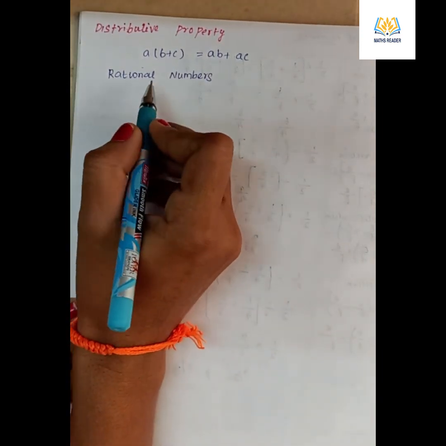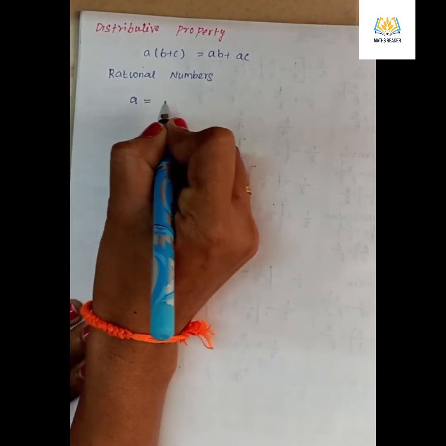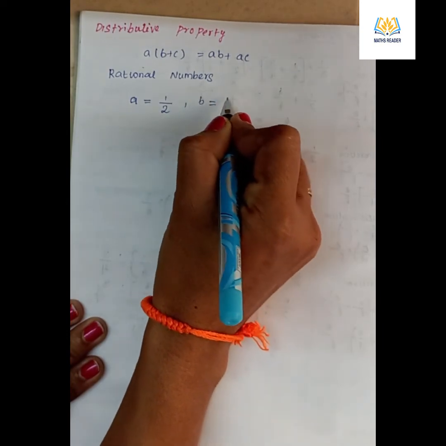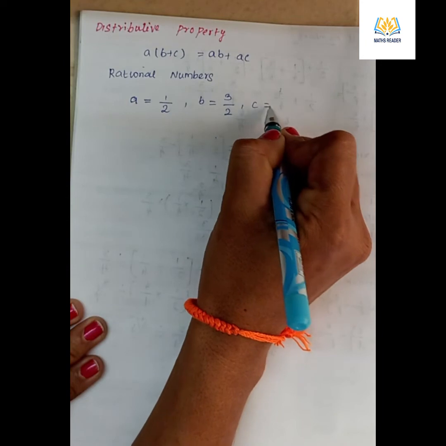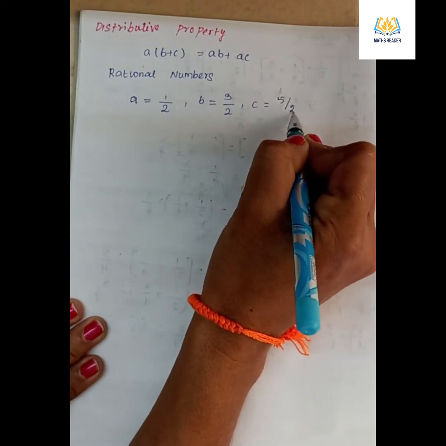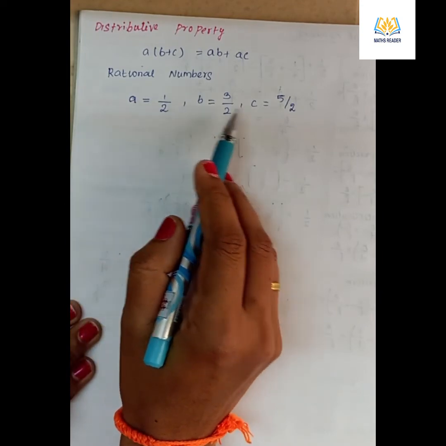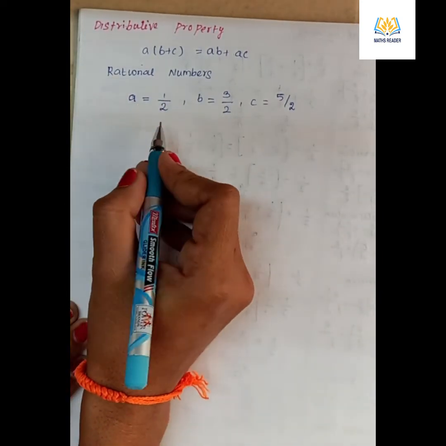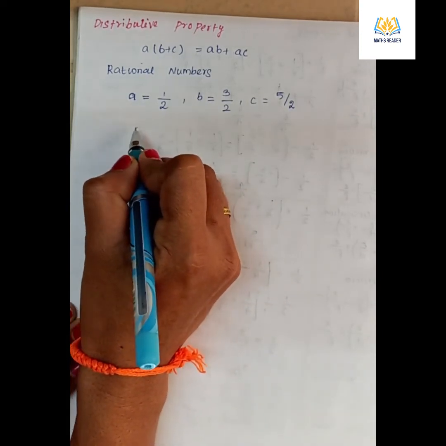First, let us take the value of a is equal to 1 by 2, then take b is equal to 3 by 2, and c equal to 5 by 2. So we are taking the values for a, b and c. Now we will check this property. a into (b plus c).